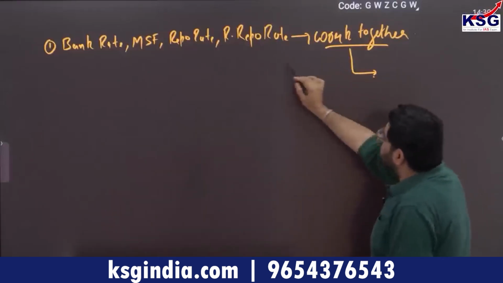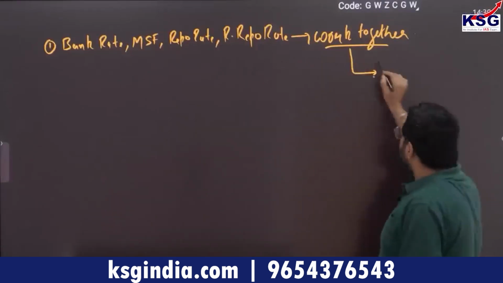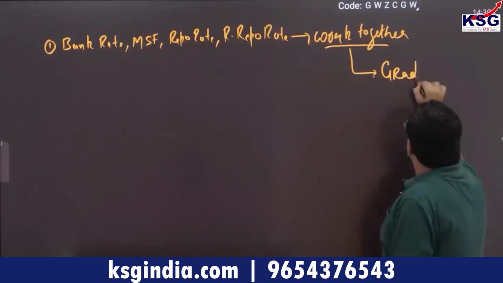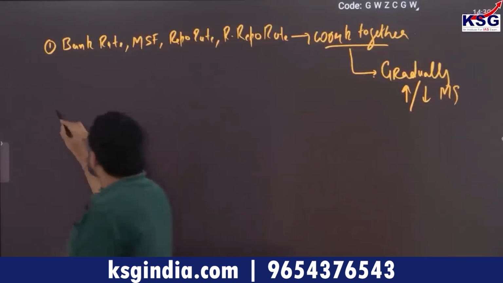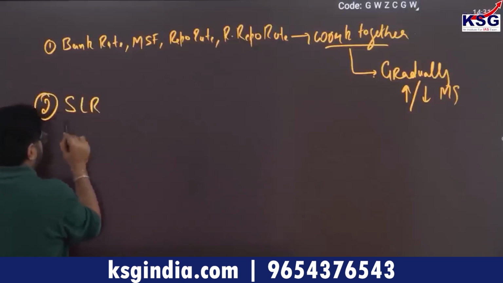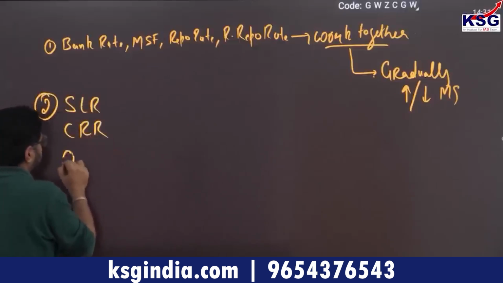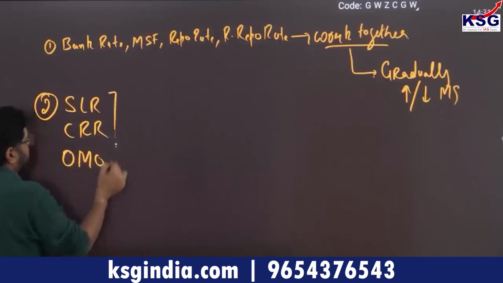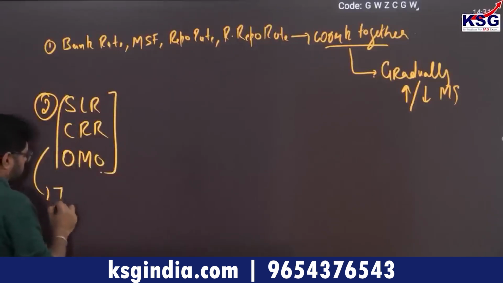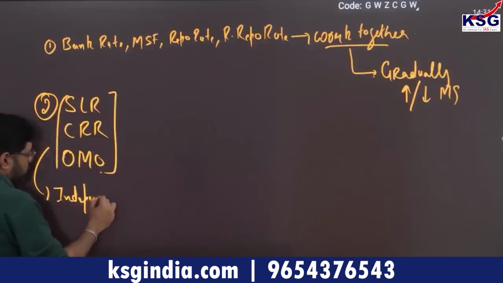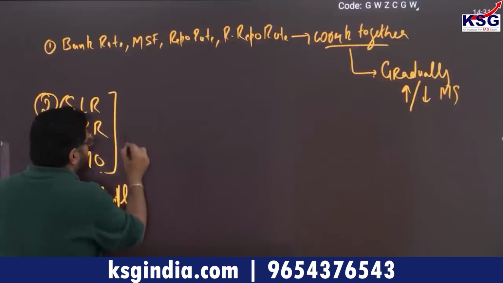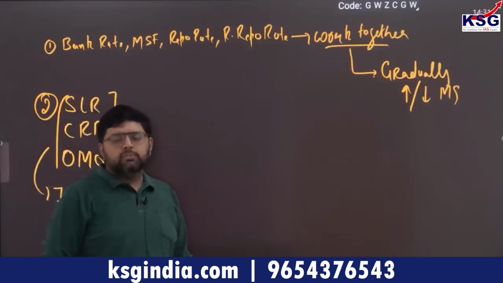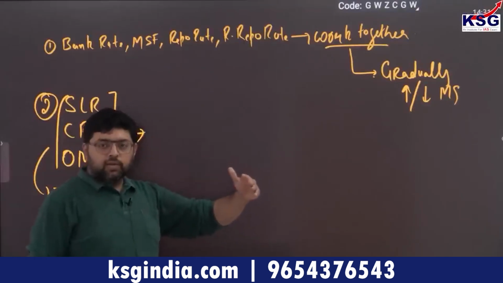Ultimately, these tools written in front of you, that is bank rate, reverse repo rate, will gradually increase or decrease money supply, in a slow manner. Whereas tools like SLR, CRR and open market operation work independently, they have no relationship. So if any one of them is used, they will reduce or increase money supply in a fast manner, or you can say there will be a sudden change.